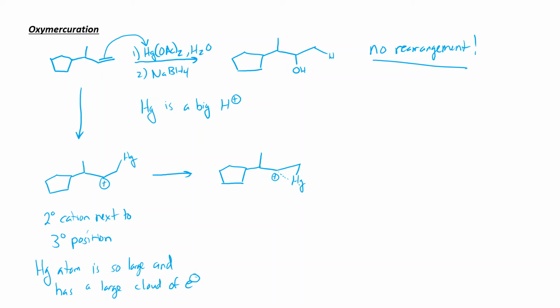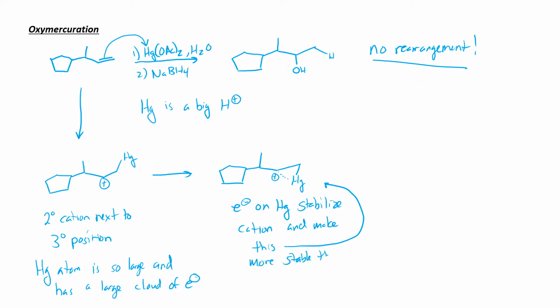The electrons on mercury stabilize the cation, and make this cation more stable than the tertiary cation. Because if we put the cation at this tertiary position over here, the mercury can no longer reach it, and so we lose the stabilization of the mercury.